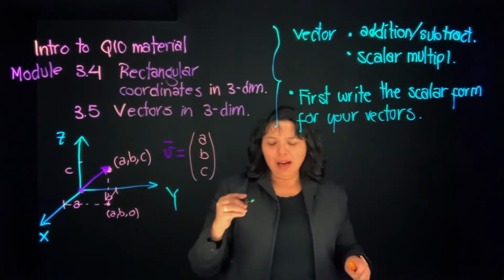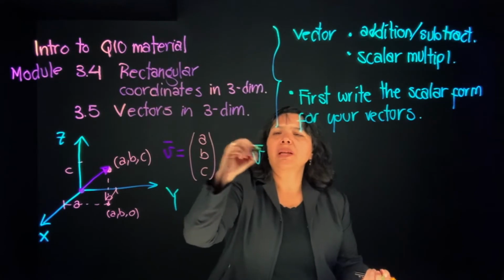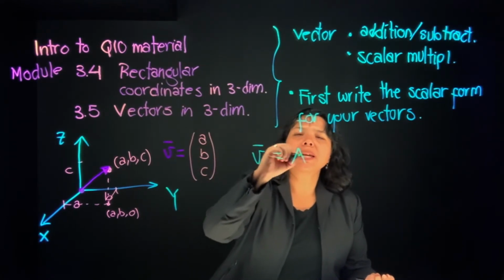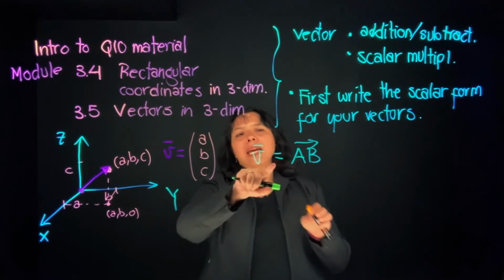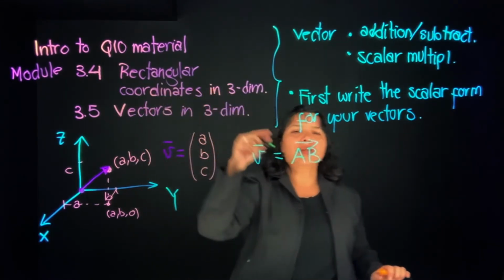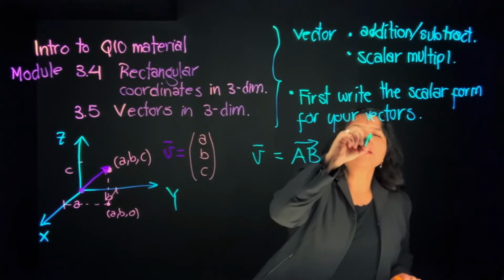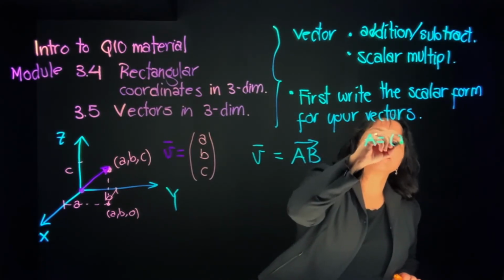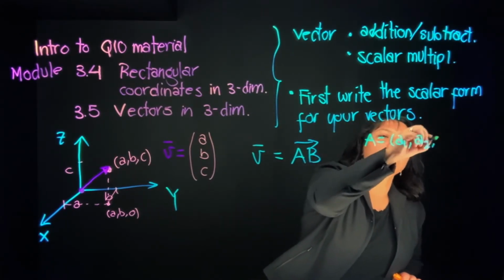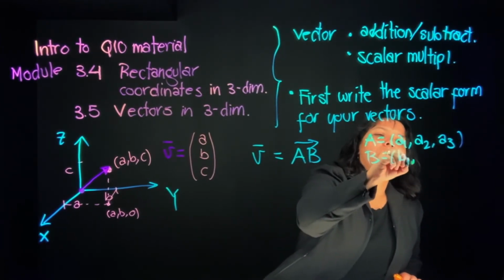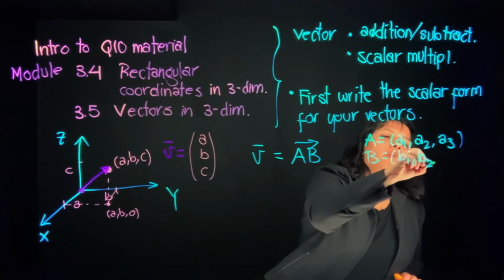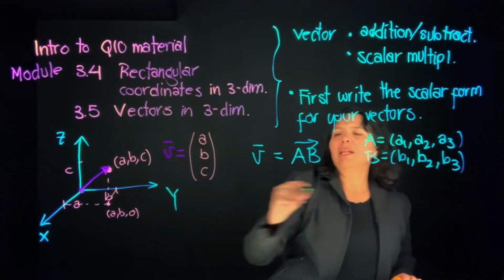So say you have your vector V that goes from the point A to the point B. Because A and B are in 3 dimensions, say A has coordinates A1, A2, A3, and B has coordinates B1, B2, and B3.